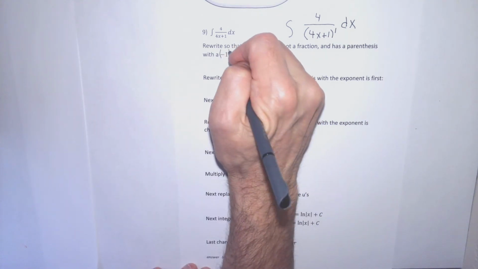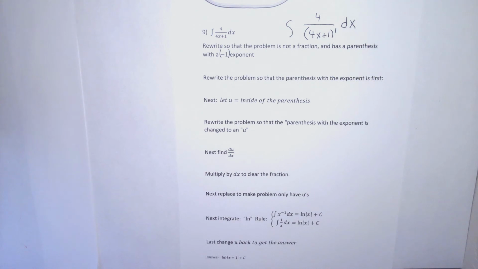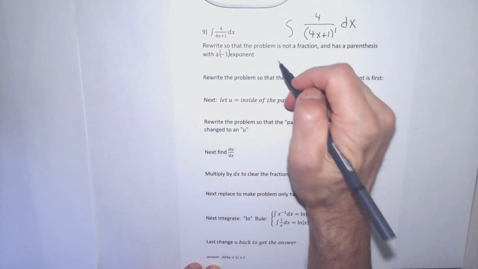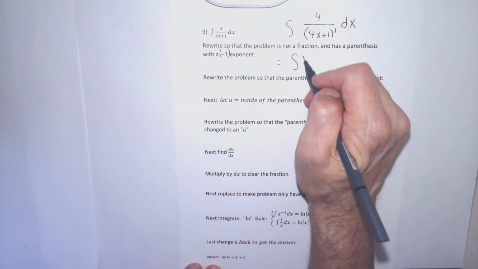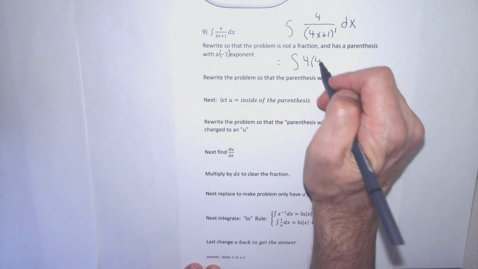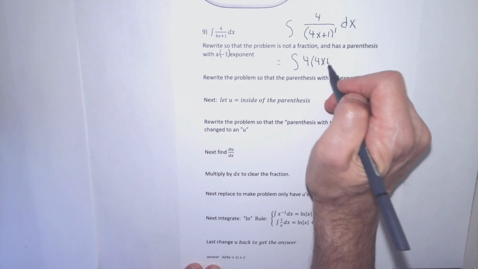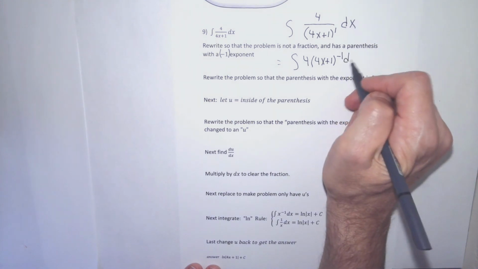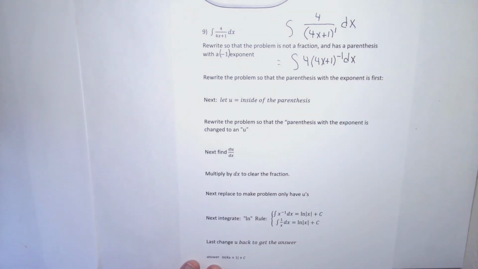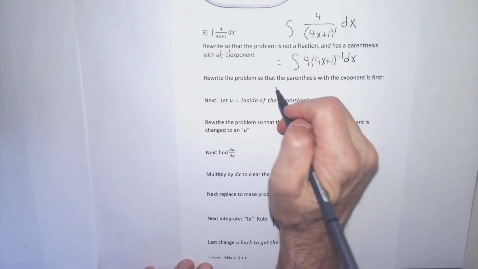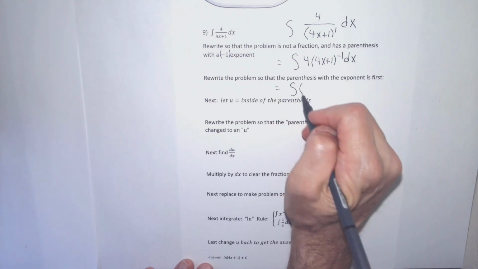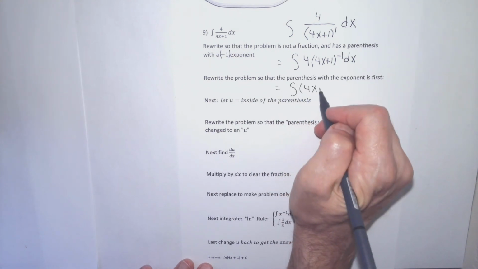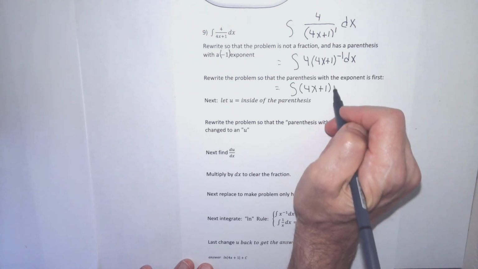I should probably put that -1 in a parentheses to make it stand out. And in order to do the rewriting with a -1 exponent, I snuck in the +1 exponent. So now I can rewrite this problem as the numerator 4 times the denominator with a -1 exponent dx. Now I have a parentheses with an exponent, so it's a u substitution problem. And I'm going to write the parentheses with the exponent first.